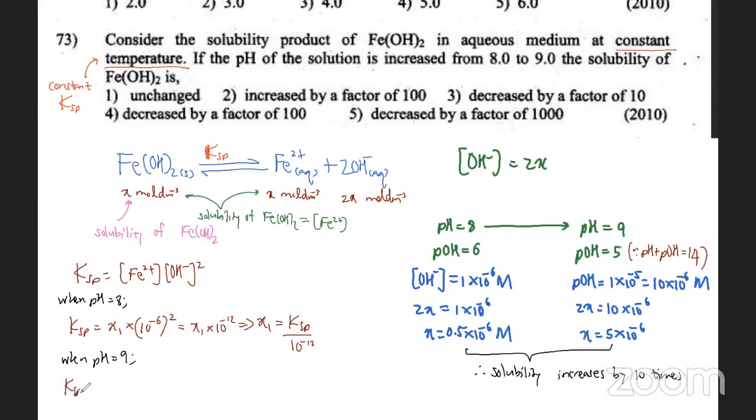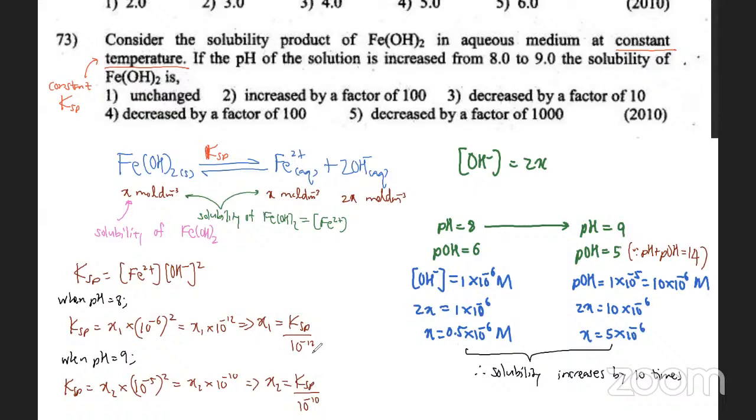Ksp doesn't change, it is constant. New solubility x2 into concentration of OH minus when pH is 9, where it is 10 to the power minus 5, so it's 10 to the power minus 5 squared, that is equal to x2 into 10 to the power minus 10, and x2 is equal to Ksp over 10 to the power minus 10.